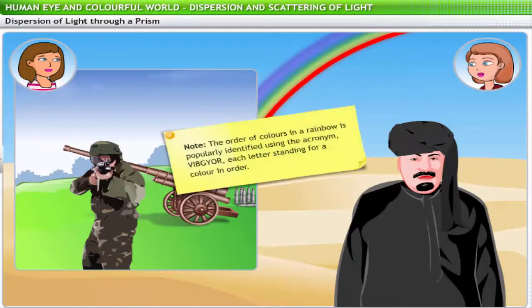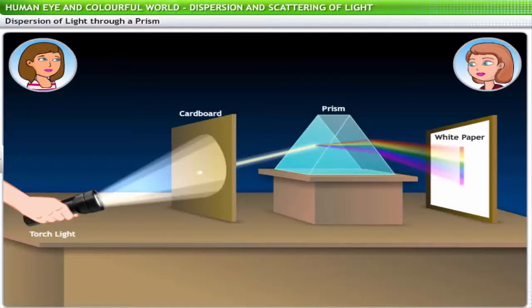Note, the order of colors in a rainbow is popularly identified using the acronym VIBGYOR, each letter standing for a color in order. The same order of colors is visible in a rainbow. But a rainbow has bands of colors. Don't worry.